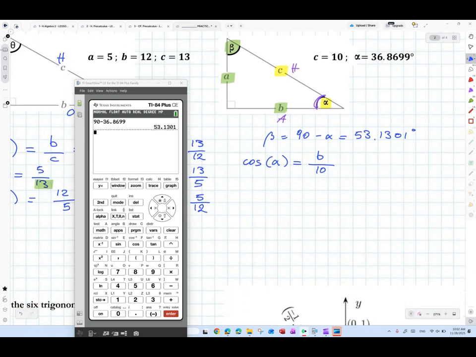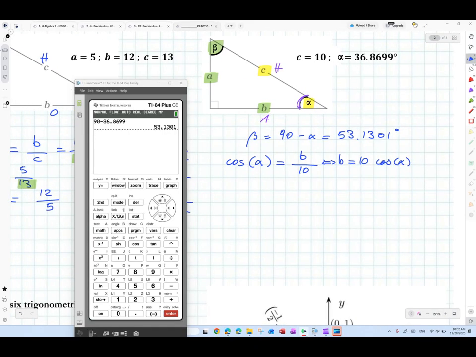Which means that B will be equal to 10 times cosine of alpha. And that would be 10 times cosine of alpha, which is 36.8699, and I have 8.